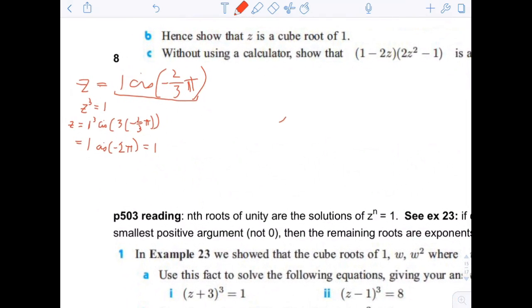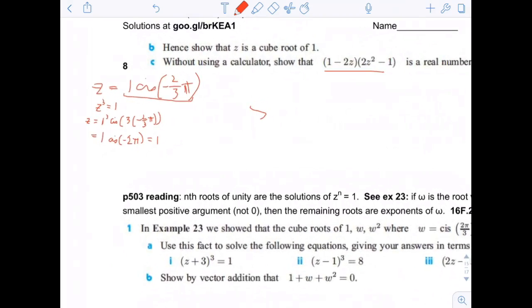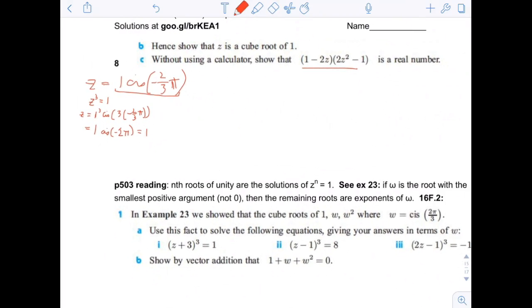Without using a calculator, show that this is a real number. Okay, so the first factor, 1 minus 2z, let's see if we can figure out what that is relative to this. Let's multiply it out first, okay?